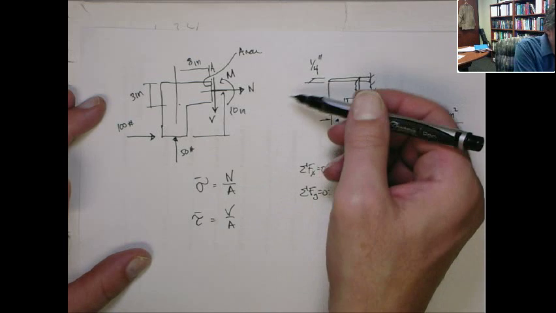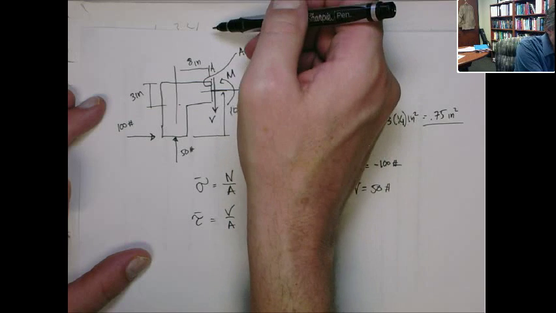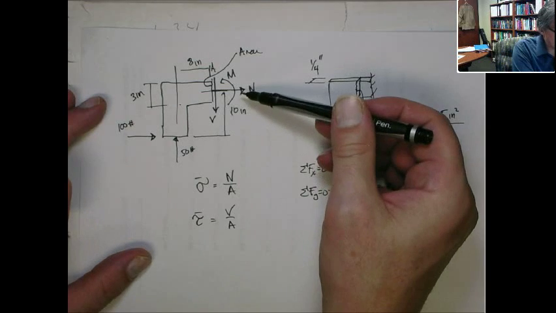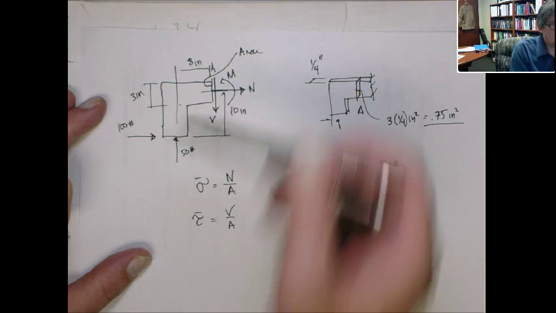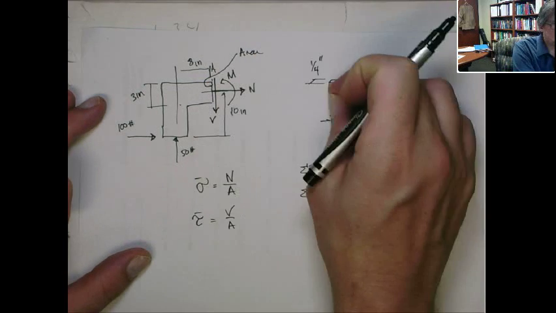So actually, we have 100 pounds acting this way, and a net force of 50 pounds acting down this way on the face. So this is what we would call the compression force acting on the face.